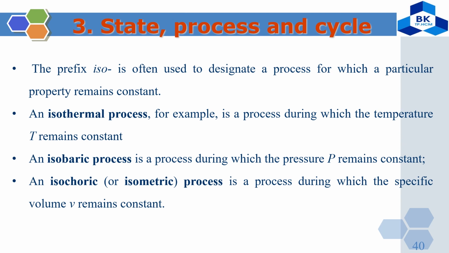The isobaric process is a process during which the pressure P remains constant. The isochoric or isometric process is a process during which the specific volume remains constant.